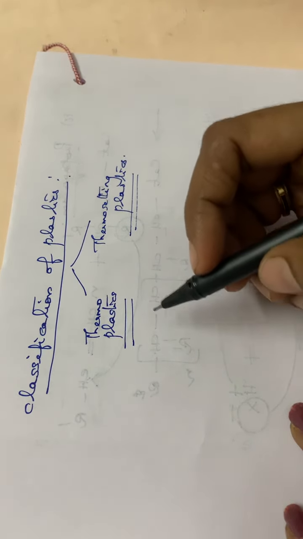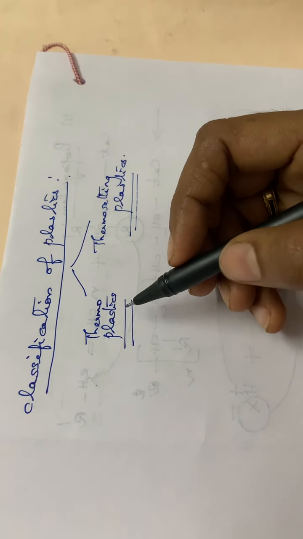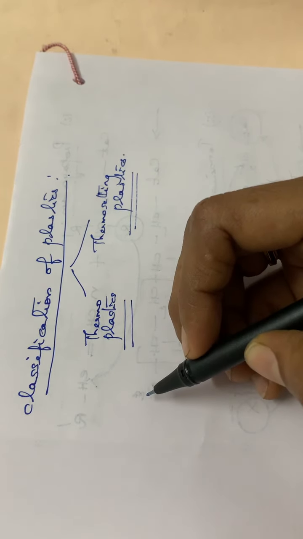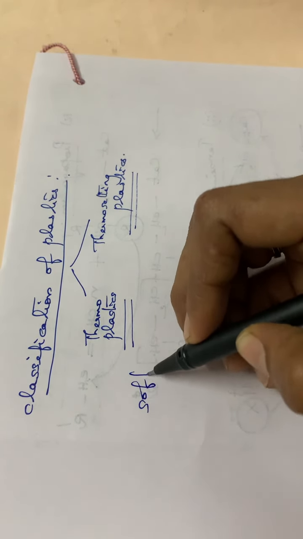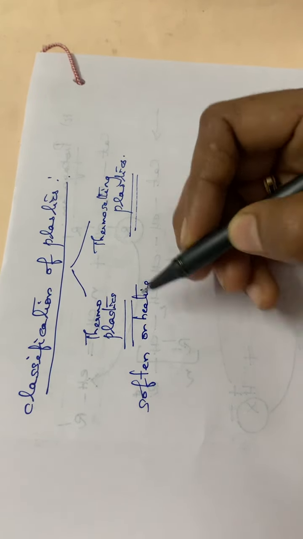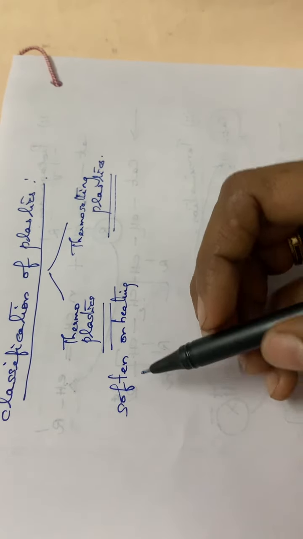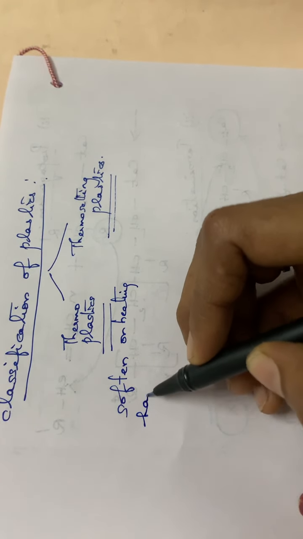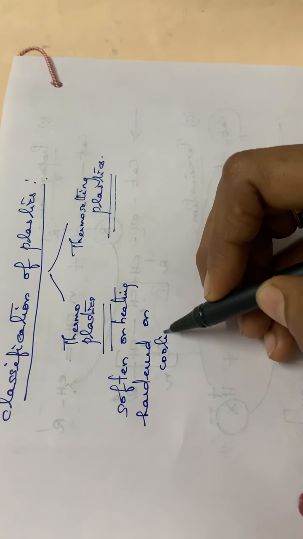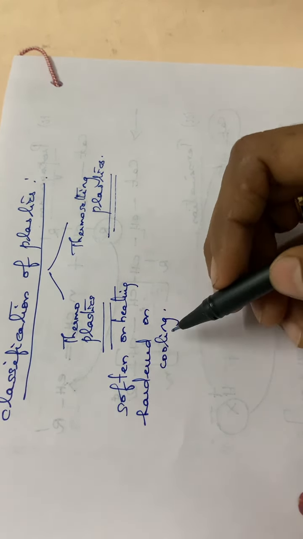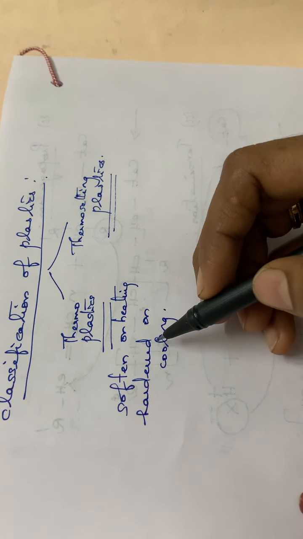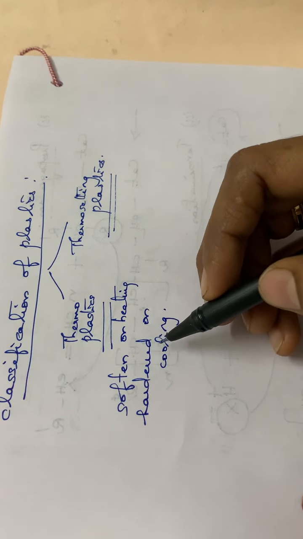Thermoplastics: while preparing these, it is a reversible process. That means these thermoplastics can be softened on heating and hardened on cooling. Once it is heated, it softens, and while cooled, it hardens again. A physical change happens in the case of thermoplastics.